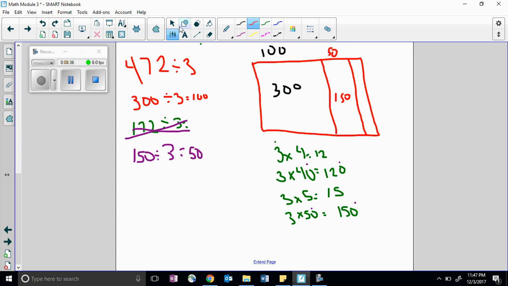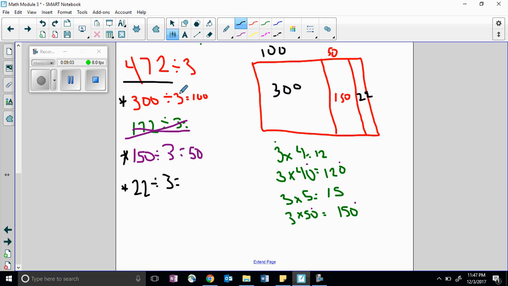And it's going to leave you with some math over here that says 22, because it's already doing the math for you. So I'm going to say 22 divided by 3 equals, well, this isn't going to take very long. And again, if you notice, 300, 150 plus 22 equaled our start-off number.